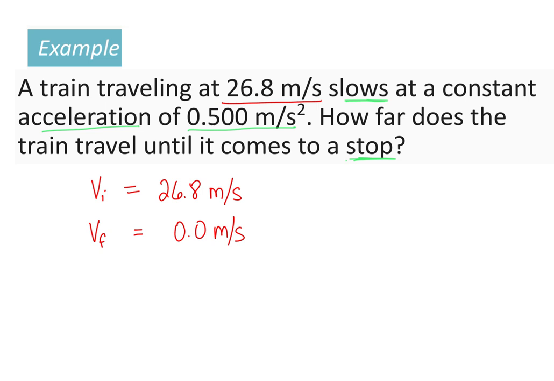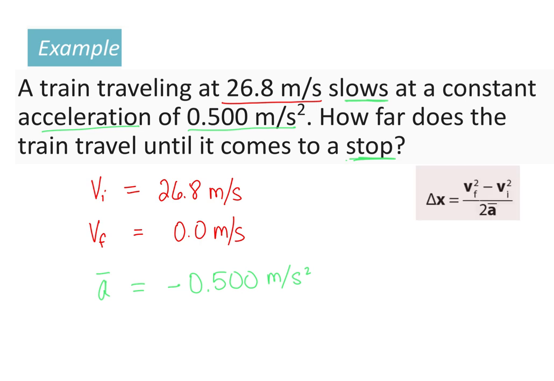We also know our acceleration. All right, our average acceleration here is what they're giving us. And yes, it is a negative because they said that it slowed at a constant acceleration of negative. So we're going to say negative 0.500 meters per second squared. What you'll notice is that we do not know time here.